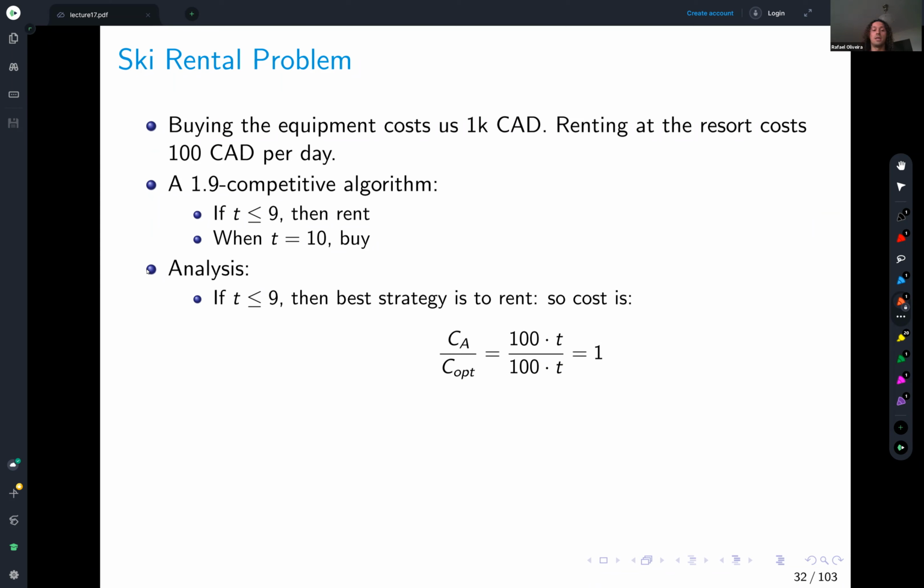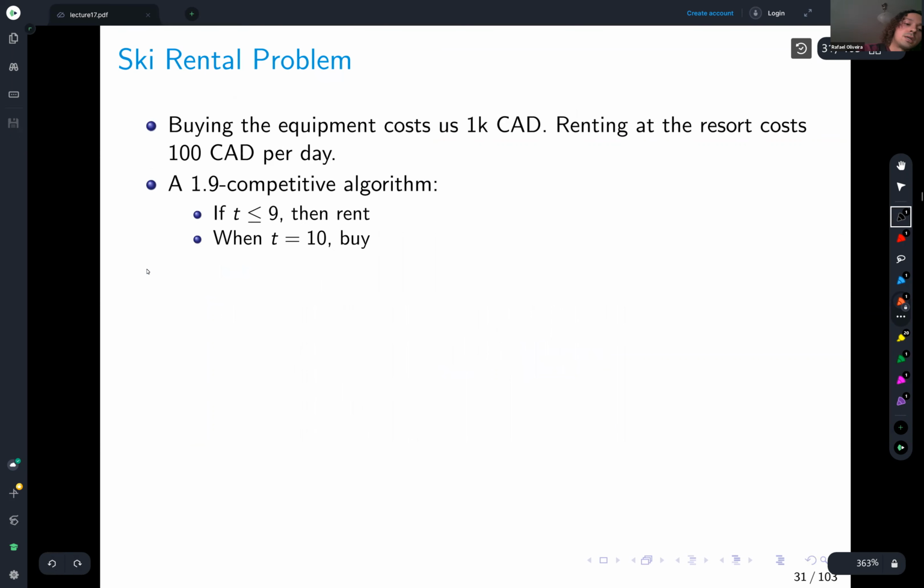The cost of our algorithm will be 100 times T, because we just rented all these times. And the optimal algorithm knew how many times I'm going to ski. So T here is the number of times we will go skiing.